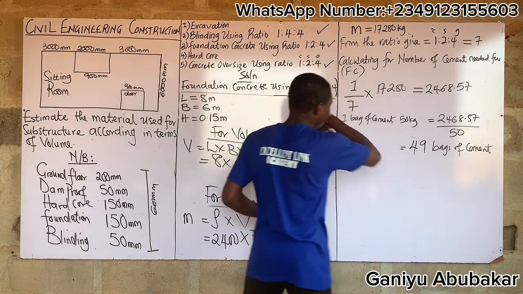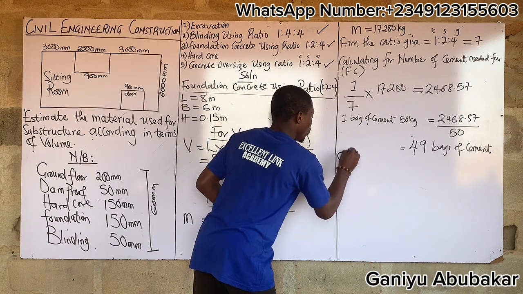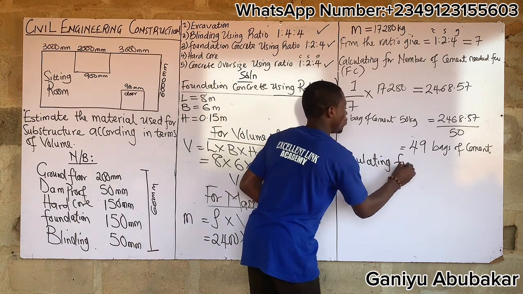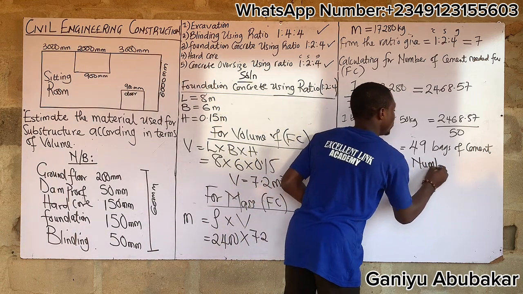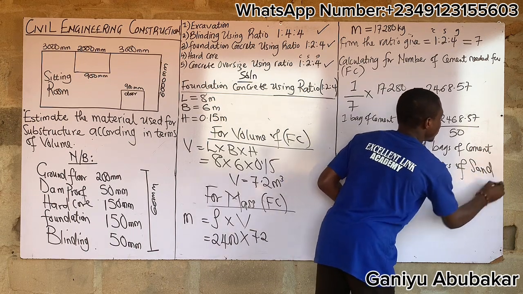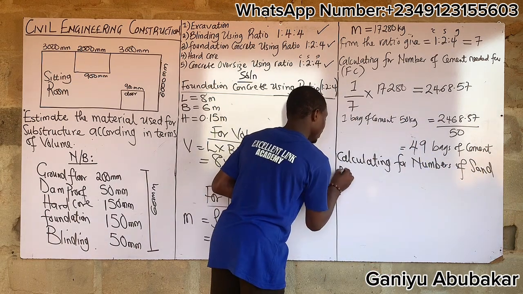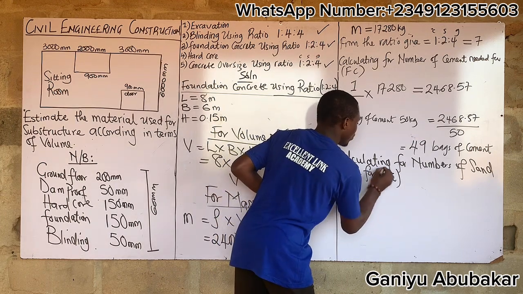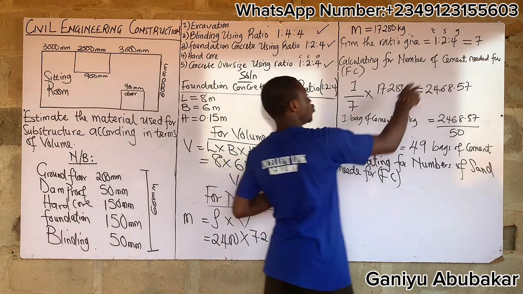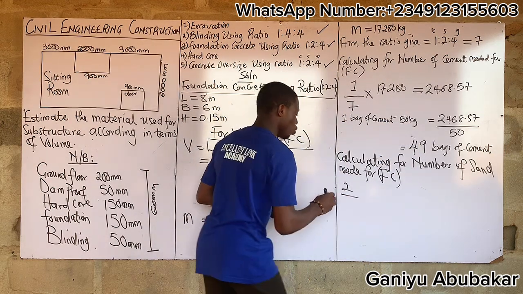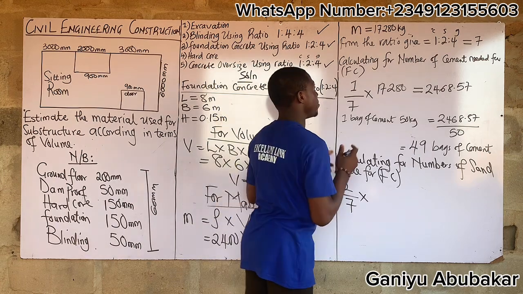For the sand, calculating the amount of sand needed for foundation concrete. For sand I have 2. That becomes 2 over the total of the ratio, which is 7, times my mass.